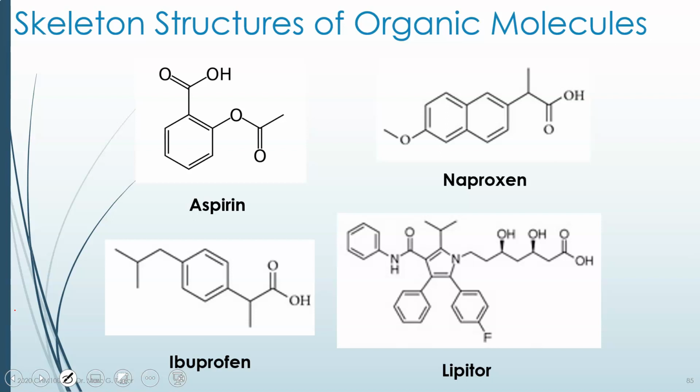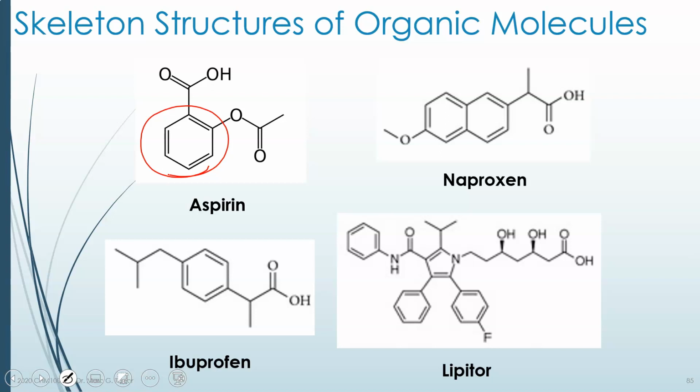You'll see these skeleton shapes, and in some cases we have rings. You'll notice rings with alternating double bonds. These are very special kind of rings called aromatic rings. We'll talk about that in another module, but you'll notice some of these rings have quite a few double bonds in them, and that becomes important for drawing these molecules.